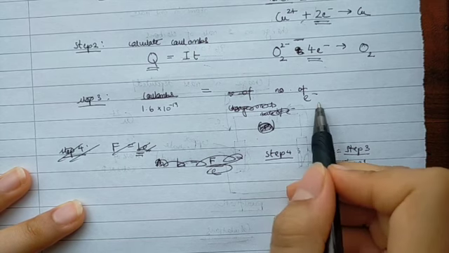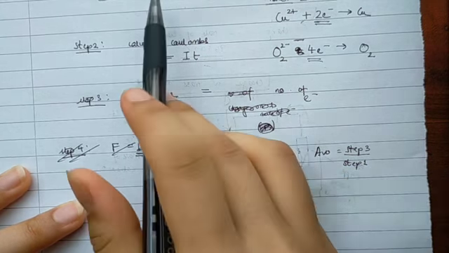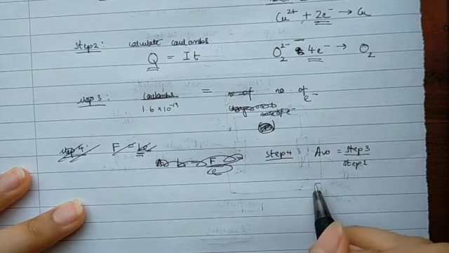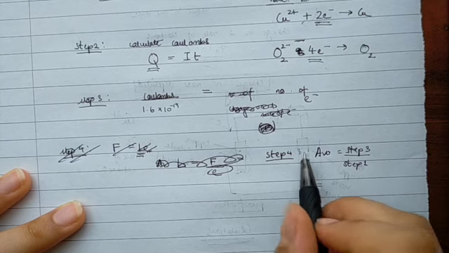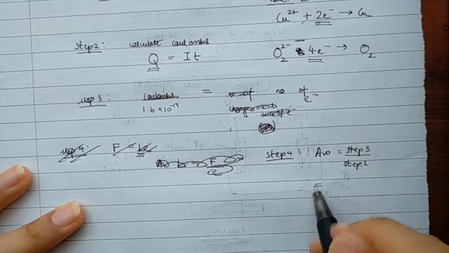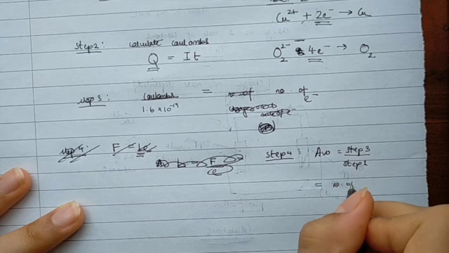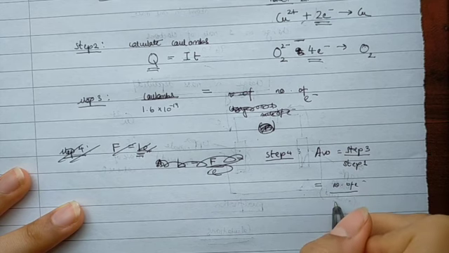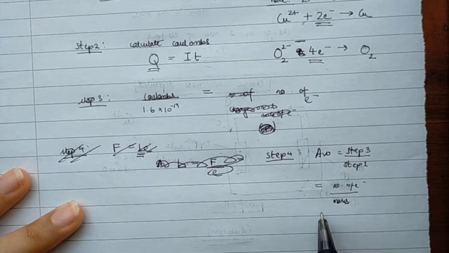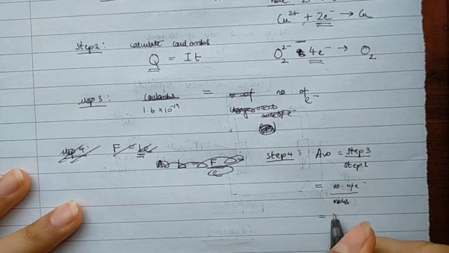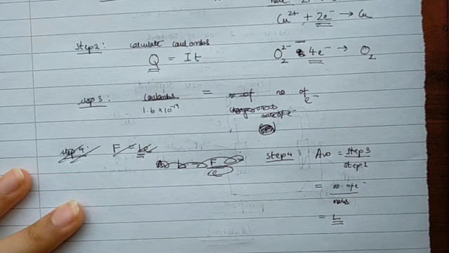Because we have number of electrons divided by the moles that we have, which gives you the number of atoms in 1 mole, which is essentially Avogadro's constant. So number of electrons divided by the moles. And then we have L, which is Avogadro's constant.